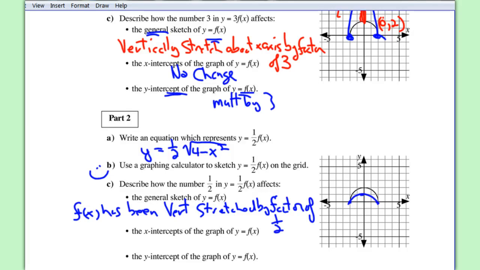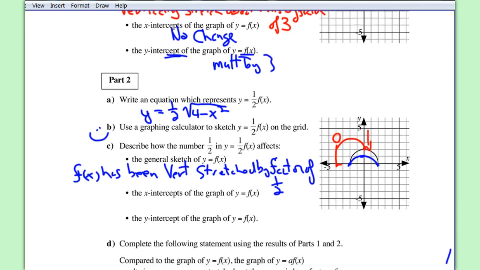So it's almost like this guy is standing above this thing, puts his hands on the original graph and presses down, so it's now only half as tall as it used to be. How did this blue graph affect the x-intercepts? Well, it didn't. There was no change. What about the y-intercept? Well, the y-intercept was now multiplied by a half.